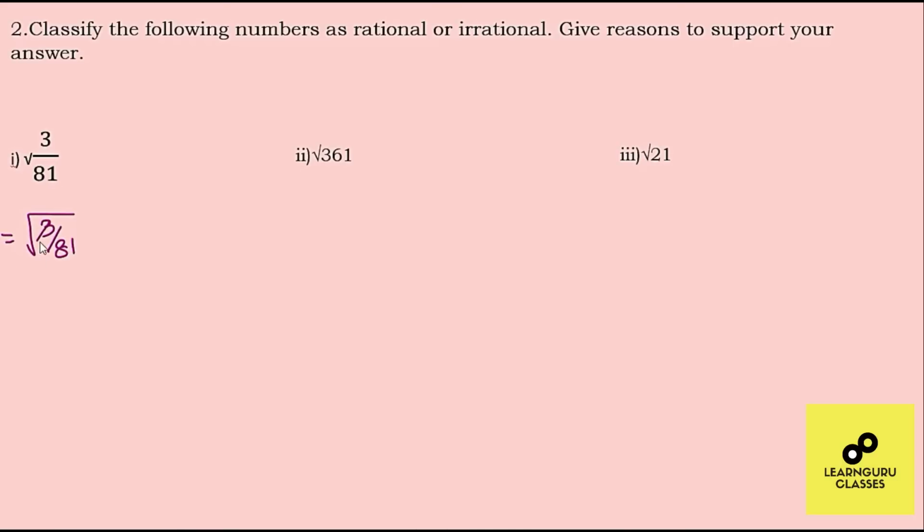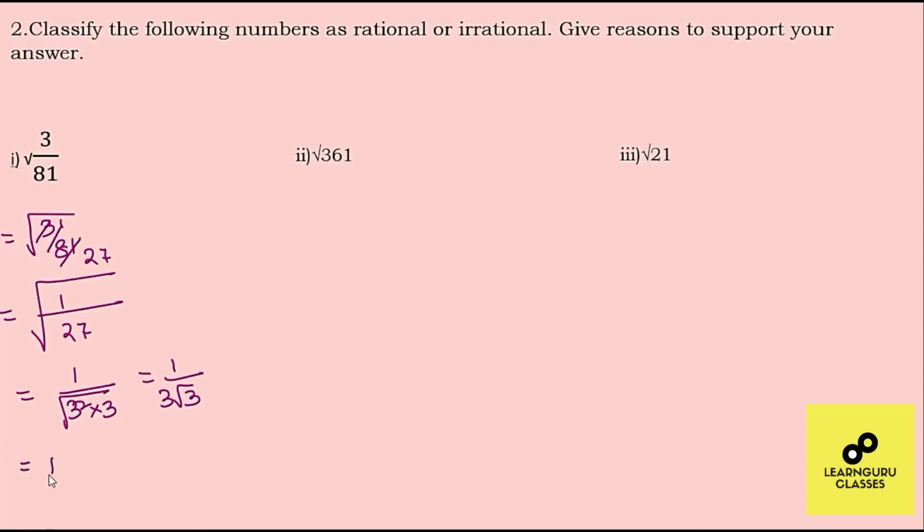It reduces to root of 1 by 27, which you can write as 1 by 3 square into 3, that is 1 by 3 root 3. Root 3 is an irrational number, and 1 by 3 is a rational number. So that will always give you an irrational number, since root 3 is irrational.